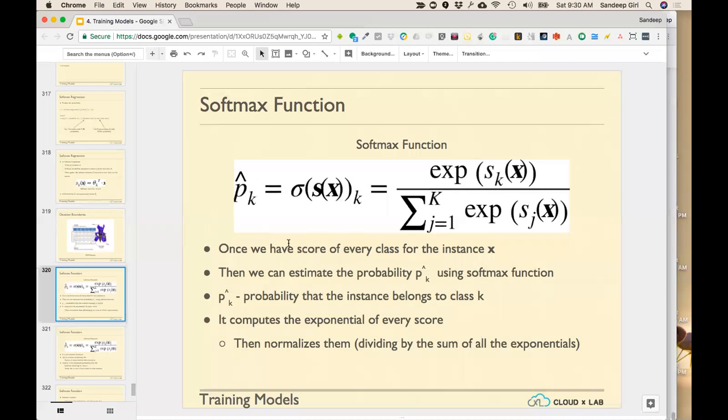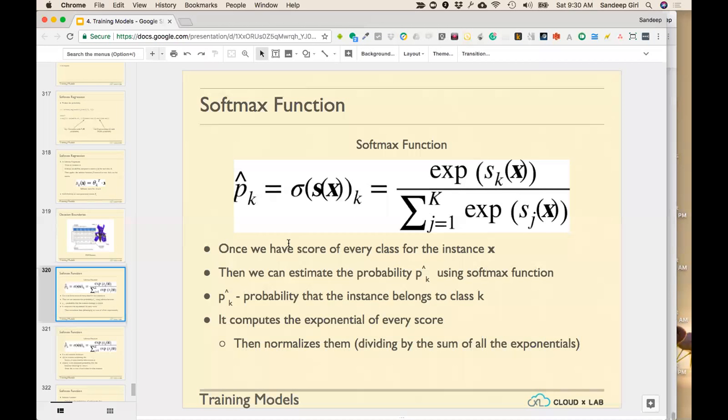Correct. So the softmax function is a substitute for sigmoid in multiclass. That's correct. In the case of softmax, given any value, we converted that into 0 to 1.